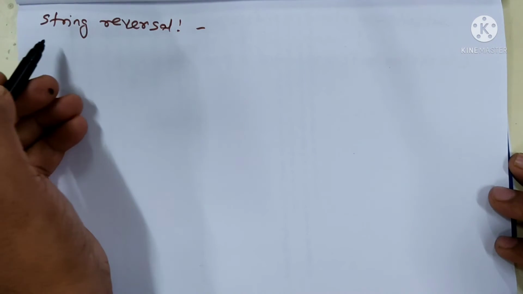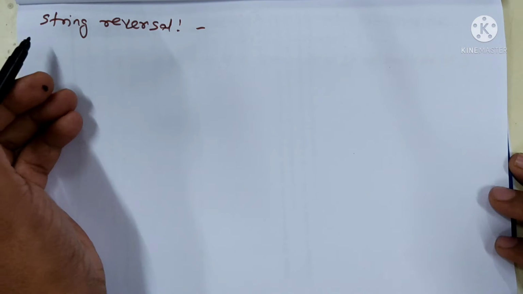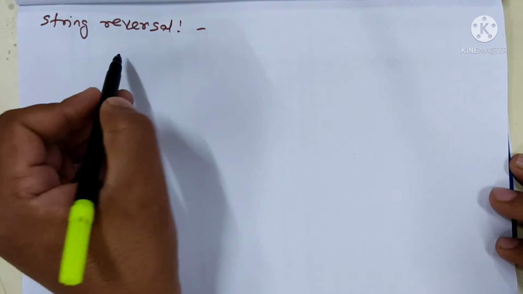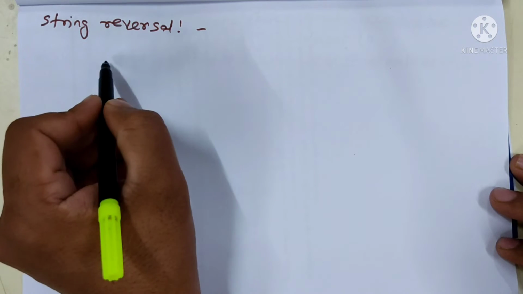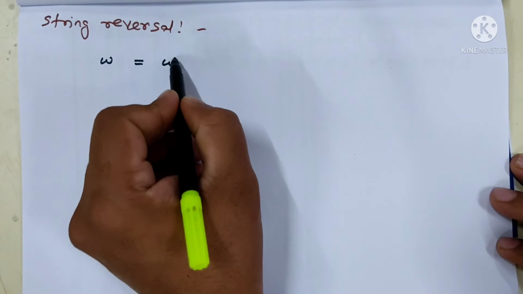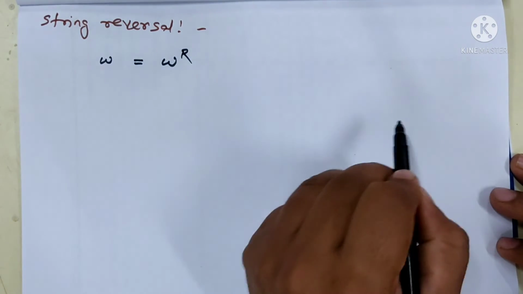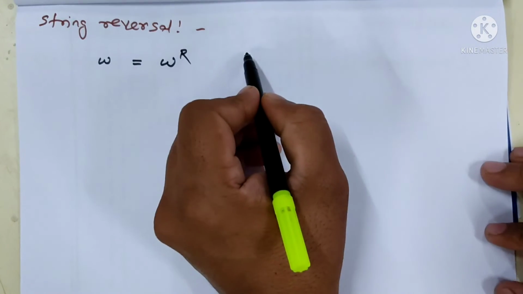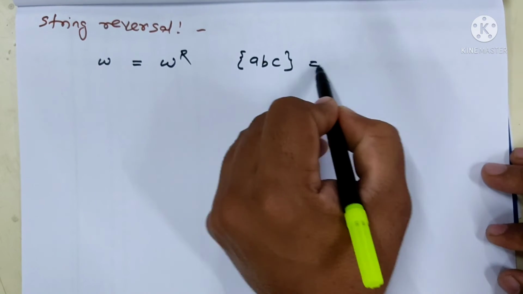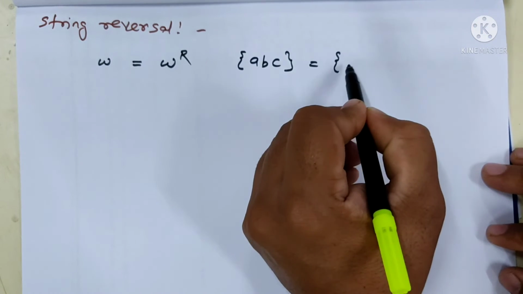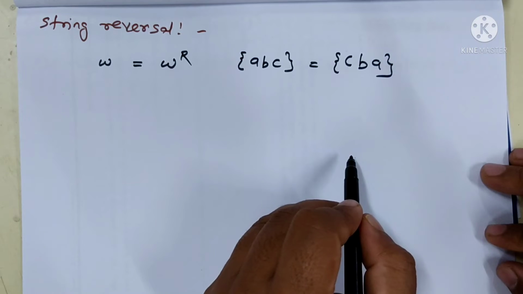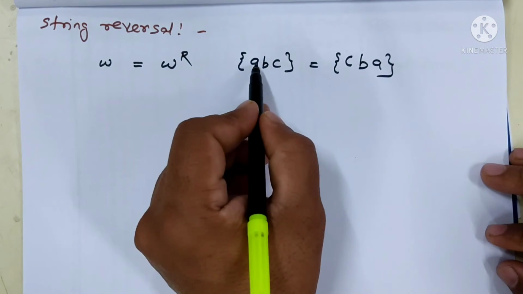So after string, we have seen the exponential and the length of the string. Now we see string reversal. In string reversal, suppose any string is denoted as w, then the string reversal is denoted as w raised to r. Suppose the string w is abc, then the reverse string is cba.